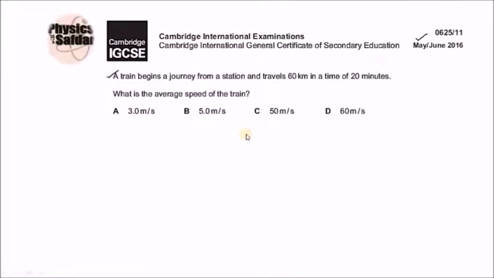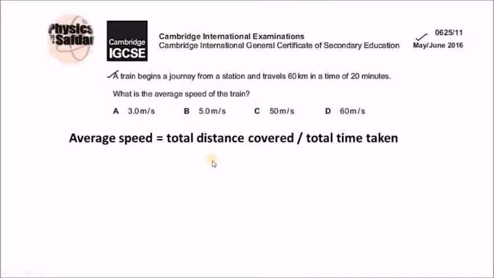To calculate the average speed, first we will write the average speed equation, that is total distance covered by the train over total time taken. In the question, the total distance is given, that is 60 km. But look at the options. The distance is given in meters.